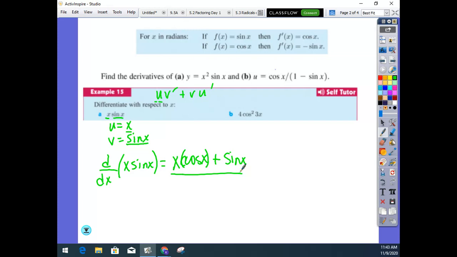All right, letter B. So the 4 is like our coefficient. There's really just one x here. So this is where I do power, trig, inside. There's only one function. It's all connected to the x.